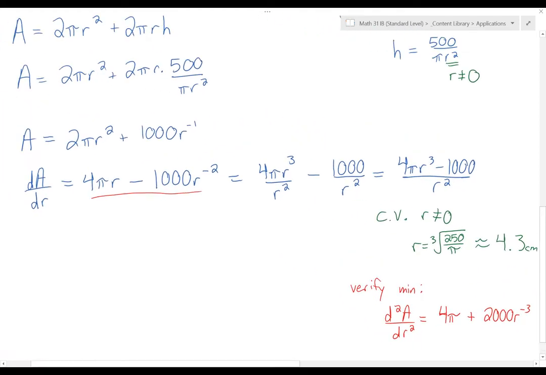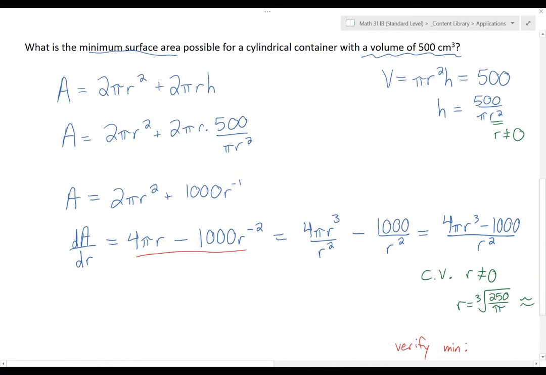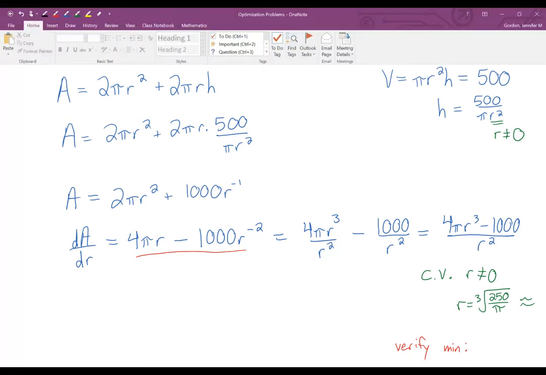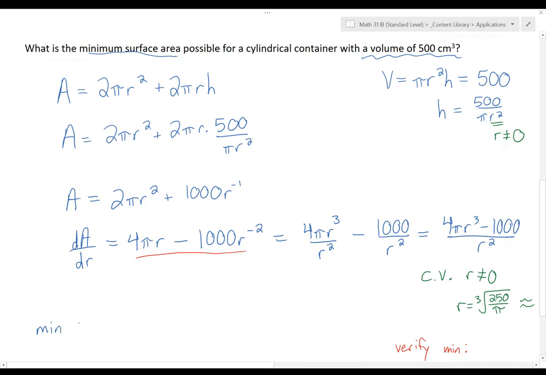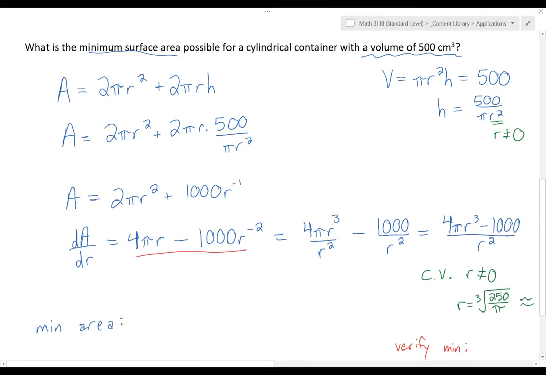However, that's not the answer to the question. So let's go back and look at the question. What is the minimum surface area? So the minimum surface area is the answer. So the minimum area is going to be the value of the area when r is that cubed root of 250 over pi.